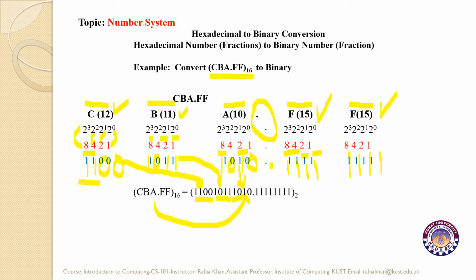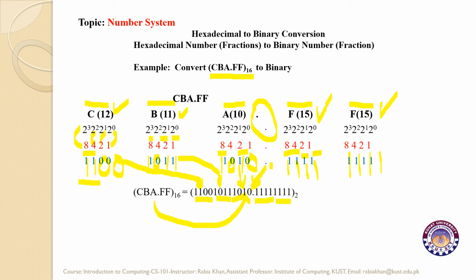And then the decimal point is at its place, we have not changed the position of the decimal point. Then 15 is 4 ones, 15 is 4 ones here, and then 15 again 4 ones, and the last one here you can see again 4 ones, with base 2.